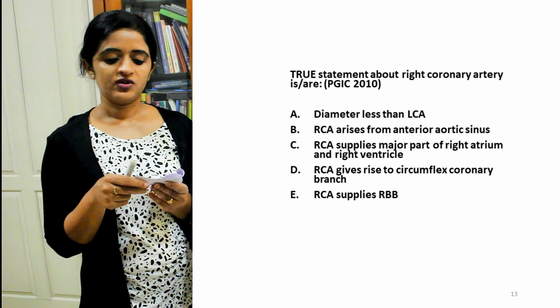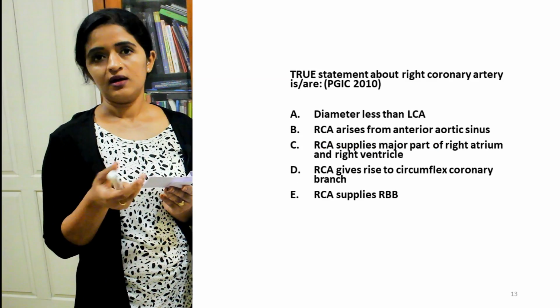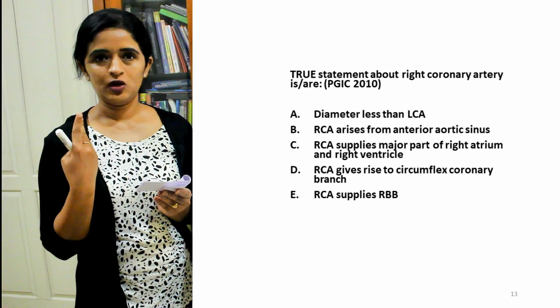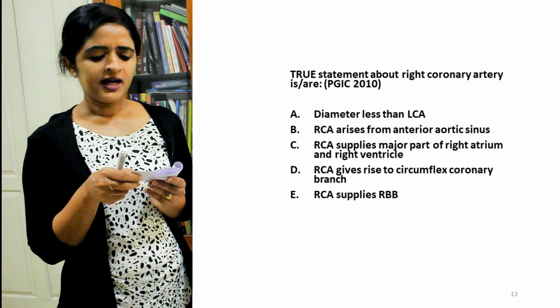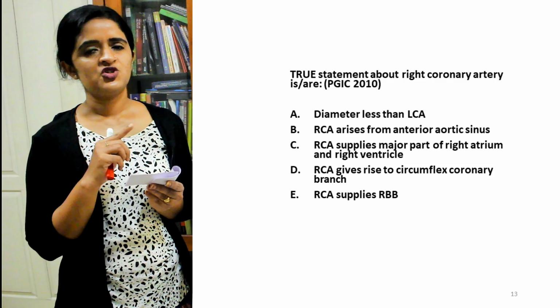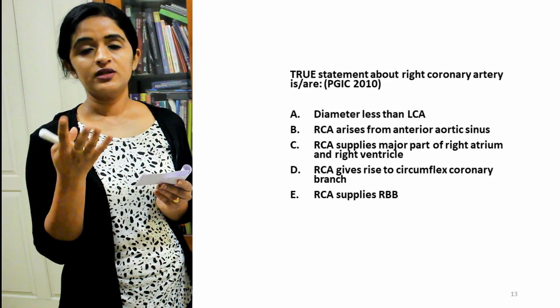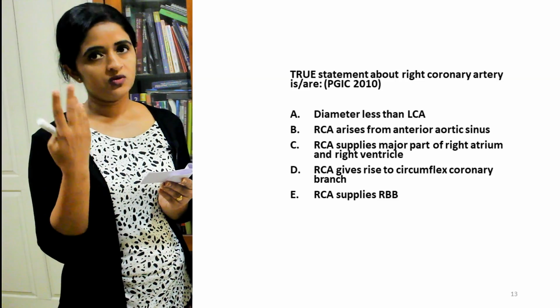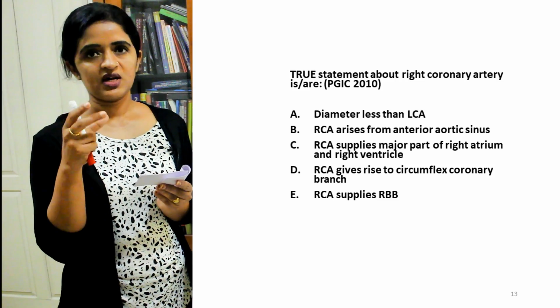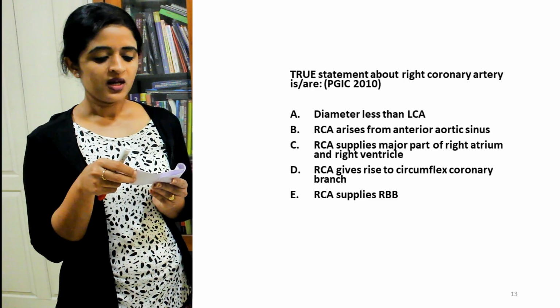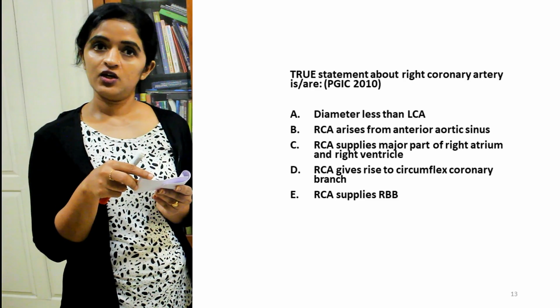True statement about right coronary artery is or are. You might get multiple options, that is why it is given like that. Diameter less than the left coronary artery. We have mentioned that left coronary artery is thicker, because left ventricle is more muscular compared to right ventricle, right? So the left coronary artery has a larger caliber. It is right. Right coronary artery arises from the anterior aortic sinus.